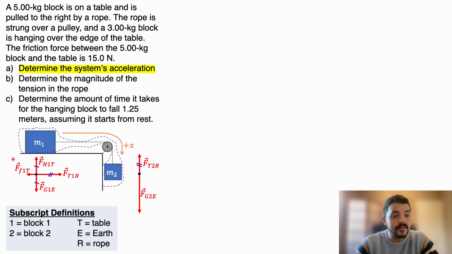So what that means is over here for block 1, the positive x direction is to the right, but as the pulley redirects that motion, the positive x direction for block 2 is pointing in the downward direction. So let's keep going from there.